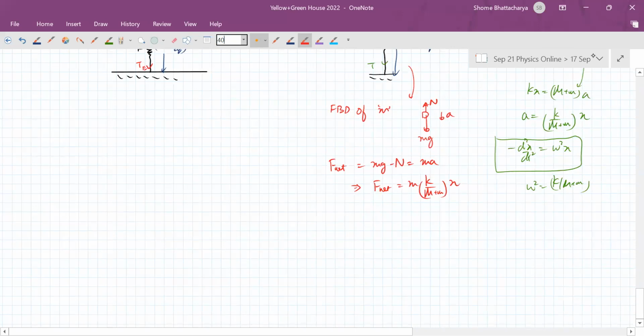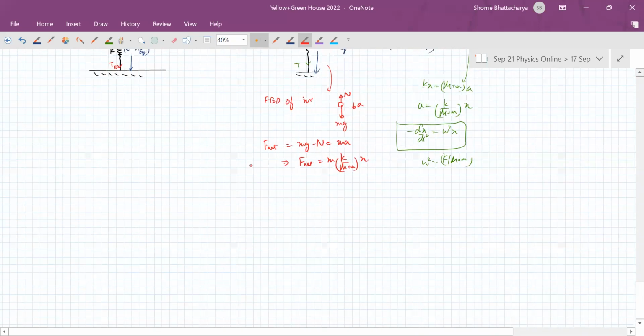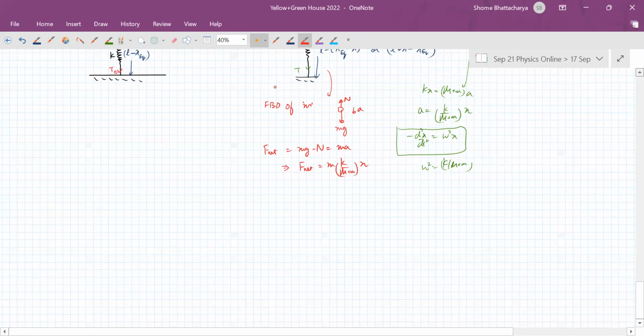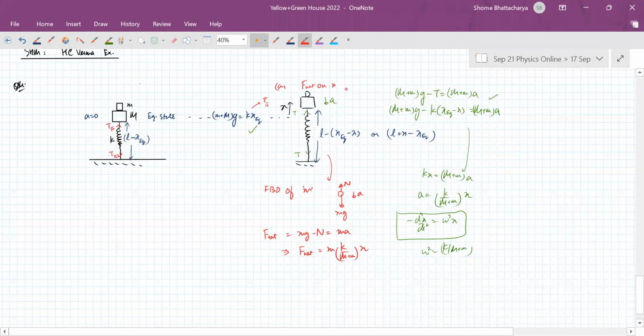I hope this is clear, Tantresh. So the answer to the first part, that at this point of time the net force on small m, is this. This is the net force. Okay, now the second part of the same question. Find the normal force on the smaller block at this position. So we just have to calculate the normal force at this position only.